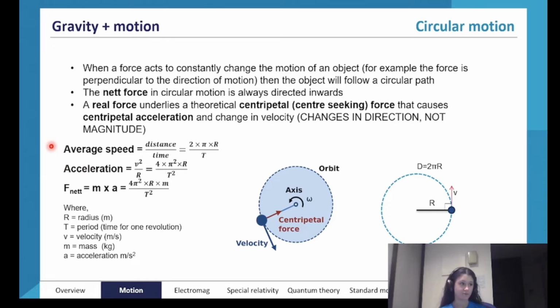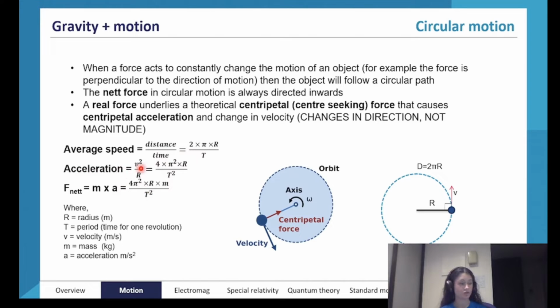The average speed of the object is given by distance over time. The distance is going to be the circumference of the circle we're considering, which is 2 pi r, divided by time.